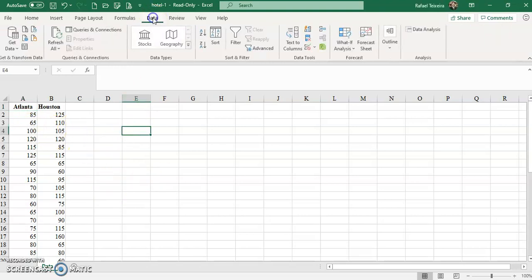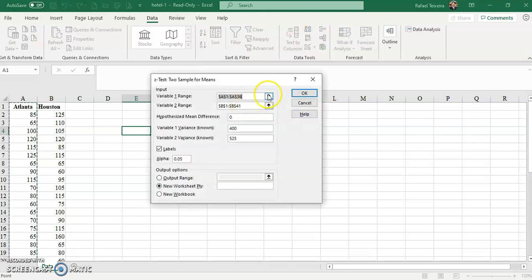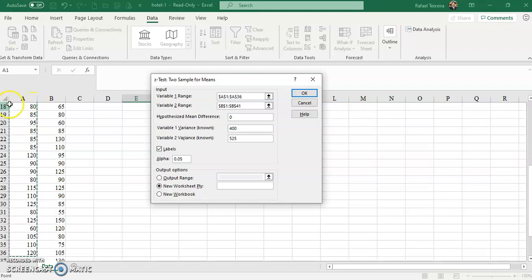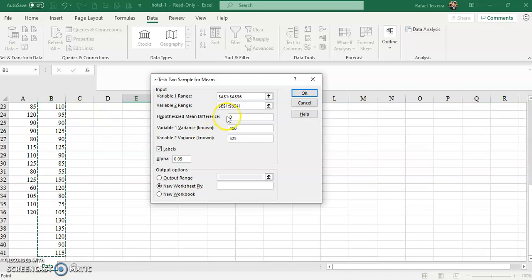And remember, we're going to use the data analysis tool, and then the z-test. Why the z-test? Because I know the population standard deviation is given in the problem. So I'm going to select the range. The range is all this. Every time I start a new problem, I have to select the range again.